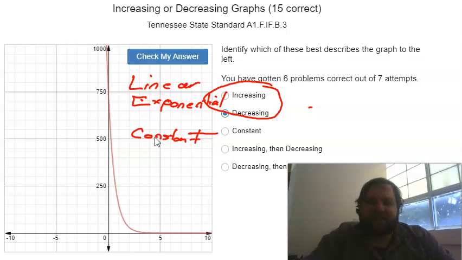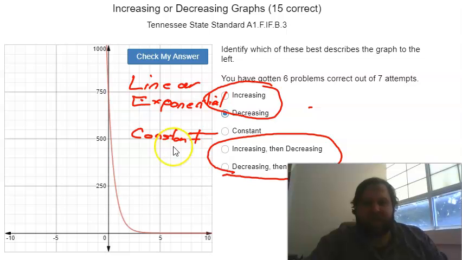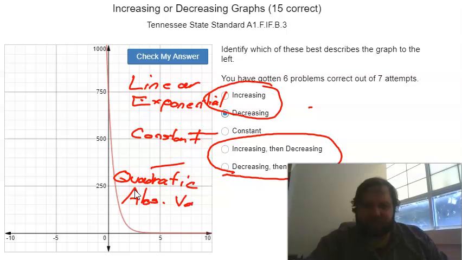So we can have a constant function, which is just flat, or if we're looking down here at these options, this will happen with quadratic functions, which remember are the U-shaped beasties, and this will also happen with linear absolute value functions.